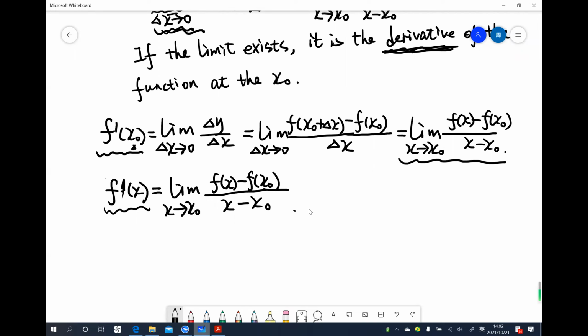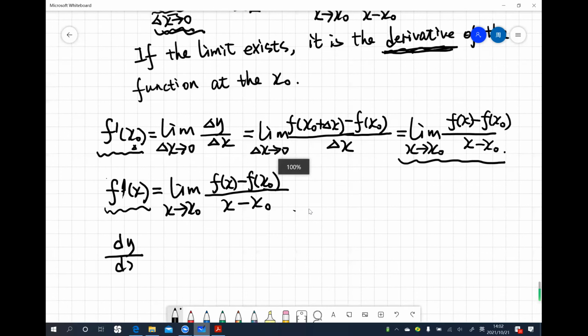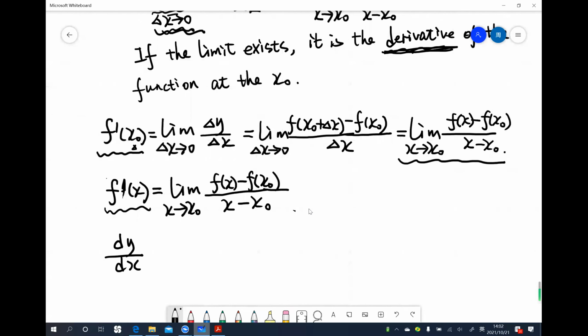So we use dy over dx. dy over dx also means derivative, or we can use d f of x over dx, or we don't write x here, df over dx. They all stand for the derivative here.